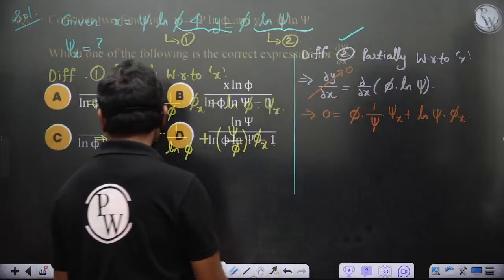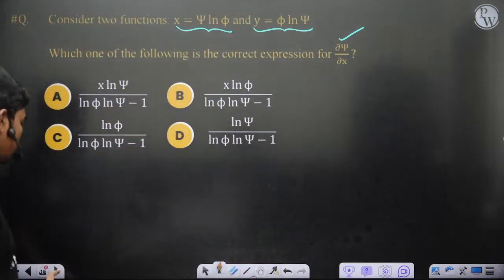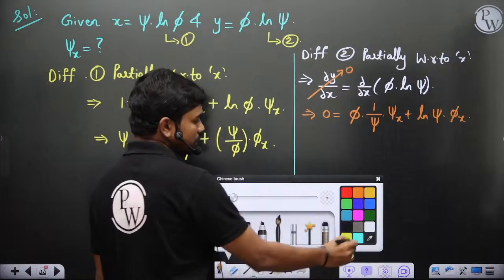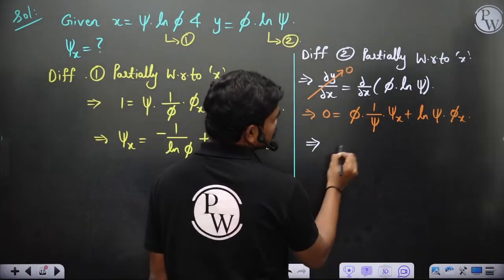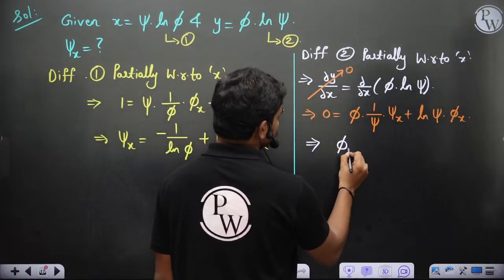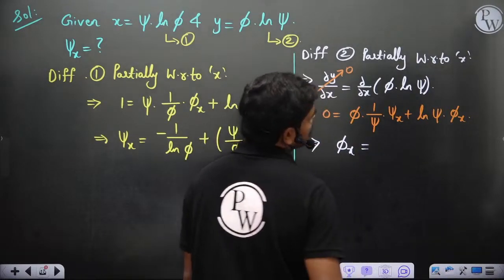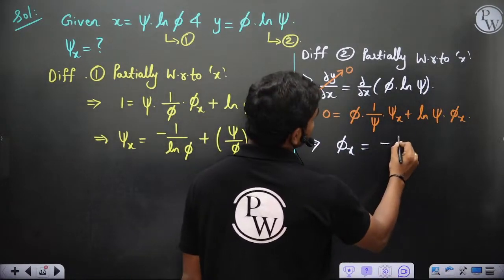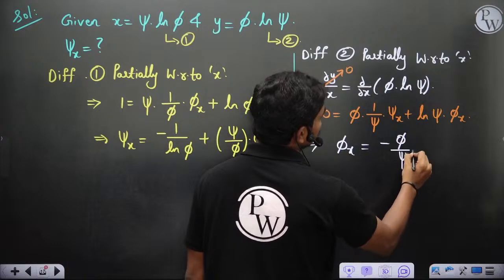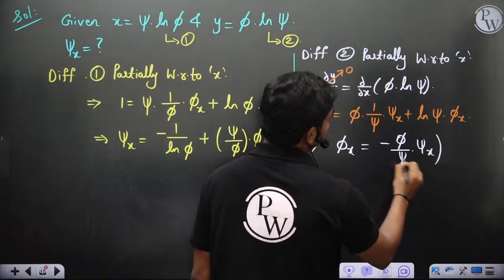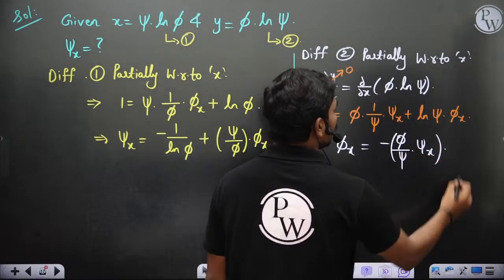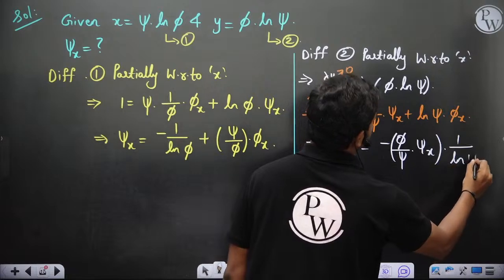In the options there is nowhere phi x, so we can eliminate this phi x. What is the expression for phi x? Phi x is equal to minus phi by psi times psi x, this whole term, into 1 by ln psi. That's what you get.